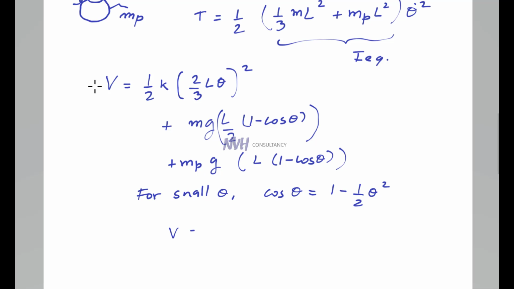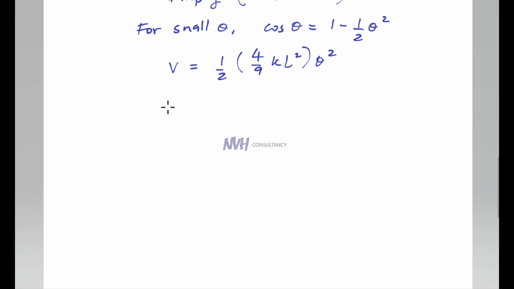So then V is equal to 1 by 2. If you simplify the whole equation, you will end up with 4 by 9 kl square theta square. This is the half kx square term, plus the mgh terms, one for the rod and one for the mass.